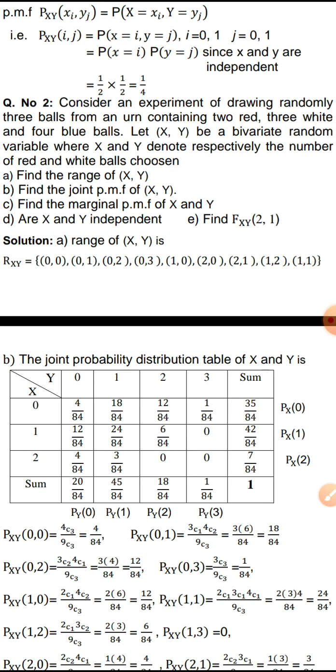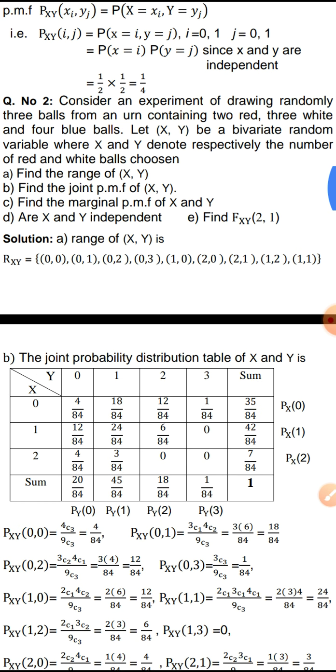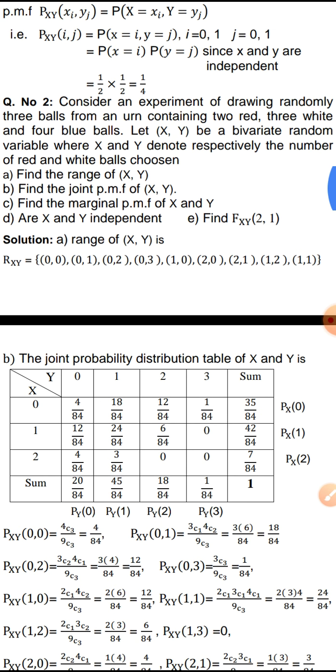Or it may be 0 red balls, 1 white ball and the remaining 2 blue balls. So 3 balls chosen, it may come like 0 red, 1 white and 2 blue balls, altogether 3 balls. So x will be 0, y will be 1.